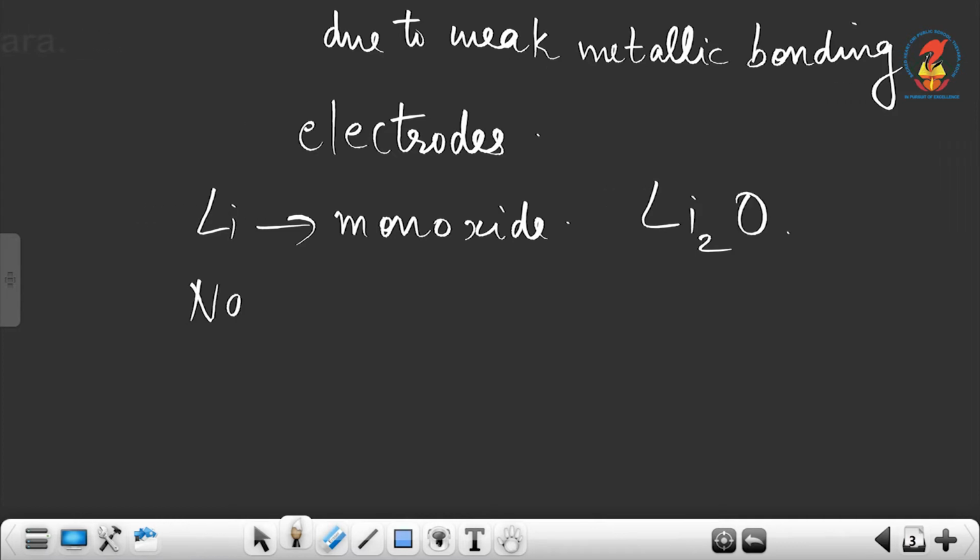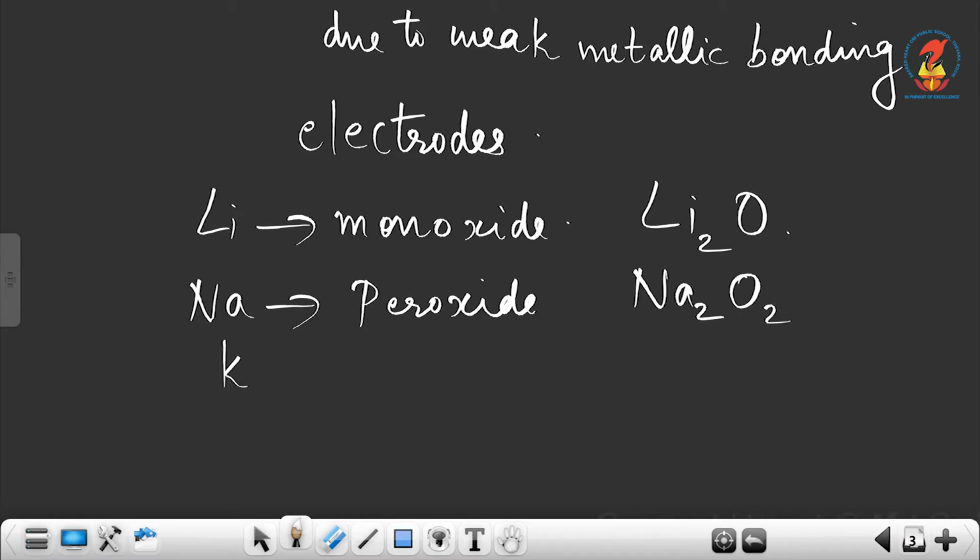Now, sodium when treated with oxygen forms peroxide, and the formula of sodium peroxide is Na2O2. And potassium, rubidium, cesium and francium, when treated with oxygen, they form superoxides.